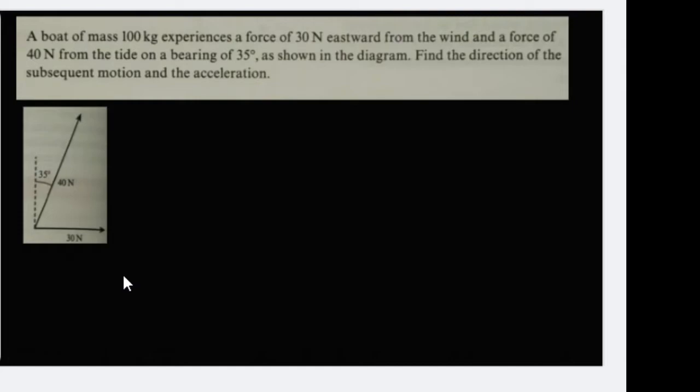So this is your 30 Newton force, which is eastward from the wind, and this is your 40 Newton from the tide, and it is having a bearing of 35 degrees, as shown in the diagram. So the problem is asking us to find the direction of the subsequent motion and also the acceleration.